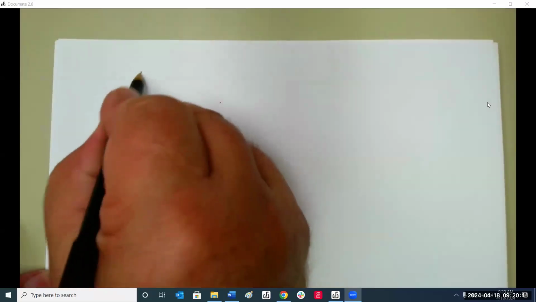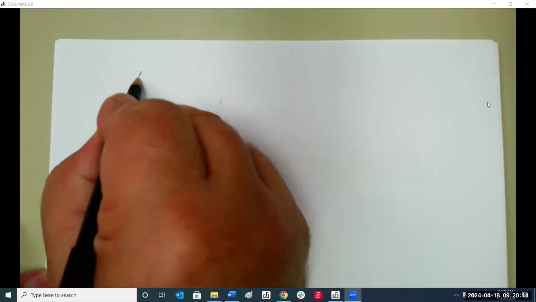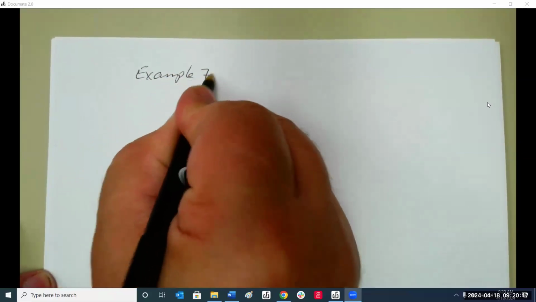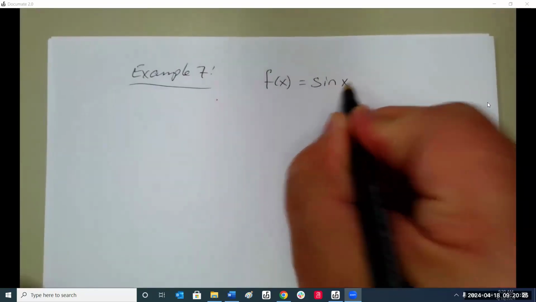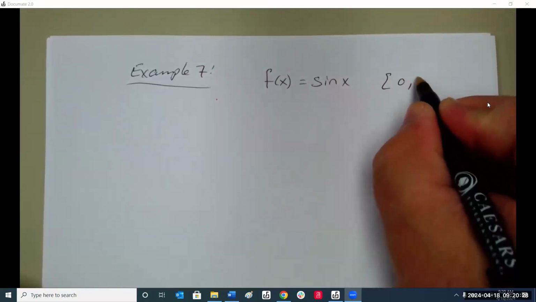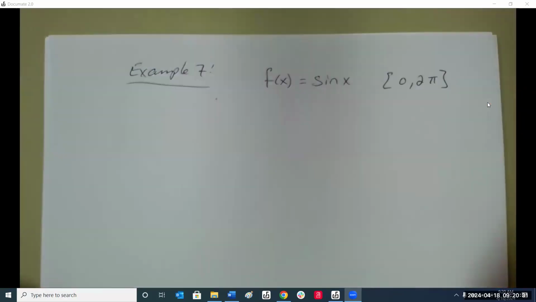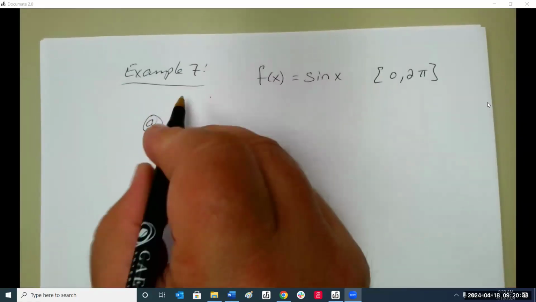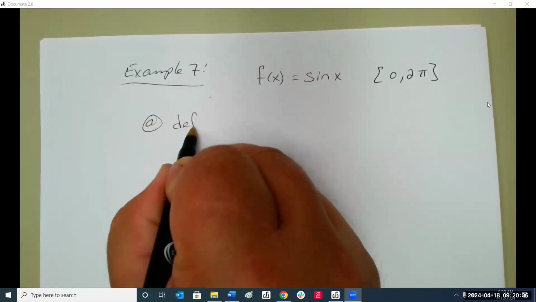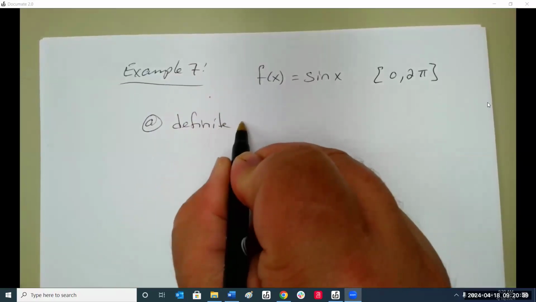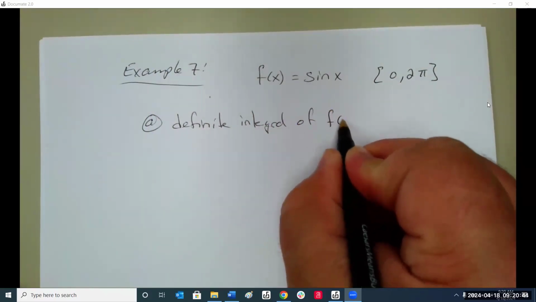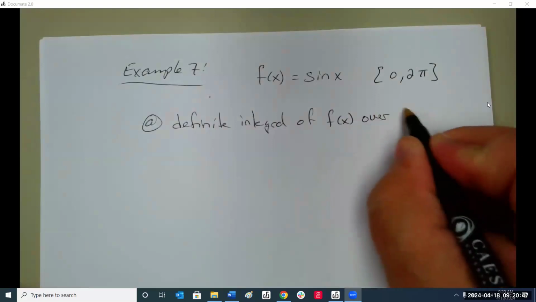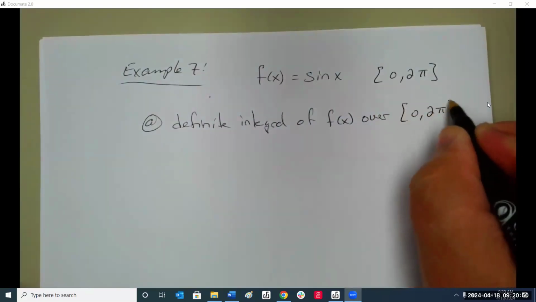Example 7. Show the graph of the function f of x equals sine x between 0 and 2 pi. Compute the definite integral of f of x over 0 and 2 pi.